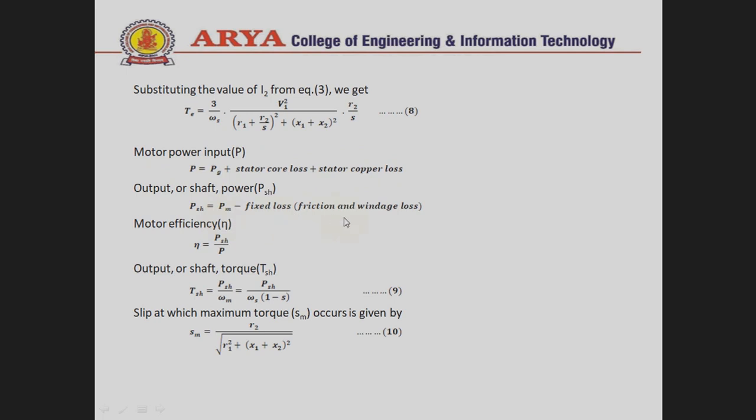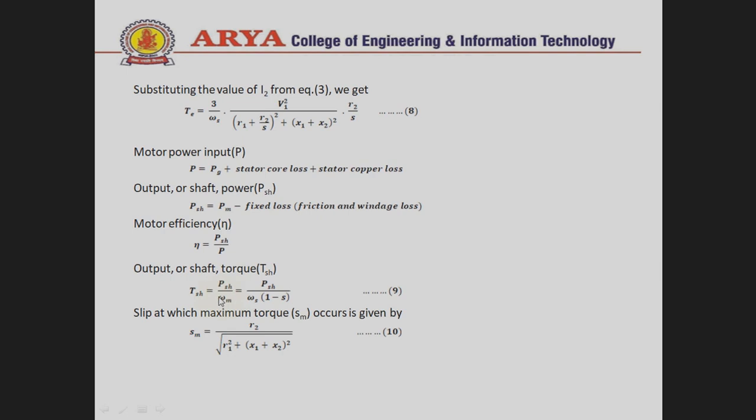Fixed loss is basically the friction and windage losses. Motor efficiency we can calculate by output power upon the motor input power, and if we want to calculate output torque, it is equal to the output power upon the speed.